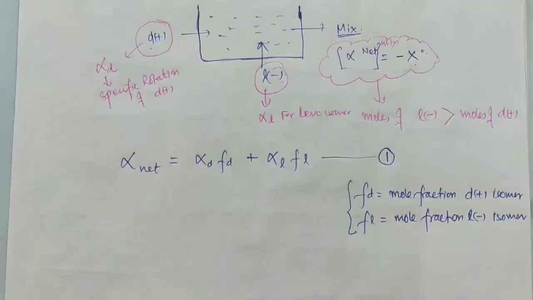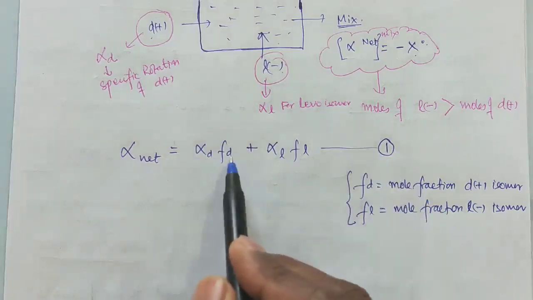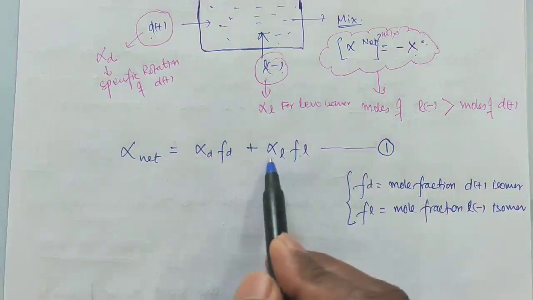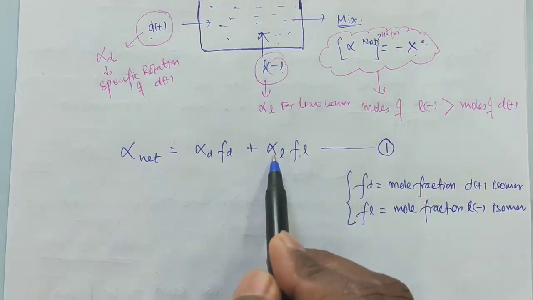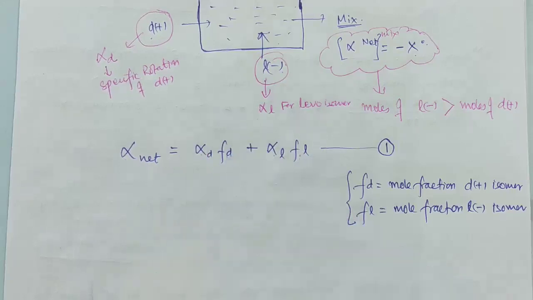So this is equation 1. FD and FL have no unit, and the unit of alpha is angle, degree. Alpha D is also degree, and alpha net also in degree. So dimensionally our equation is correct.